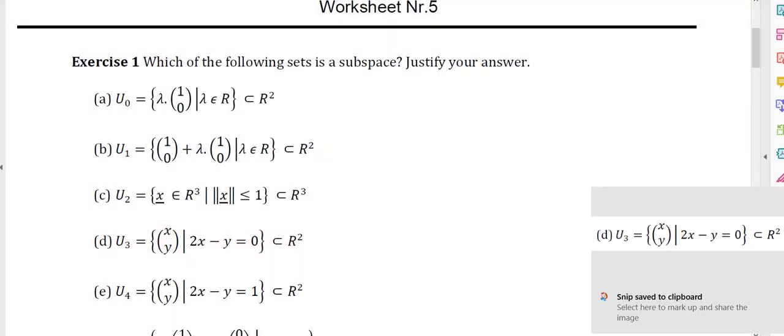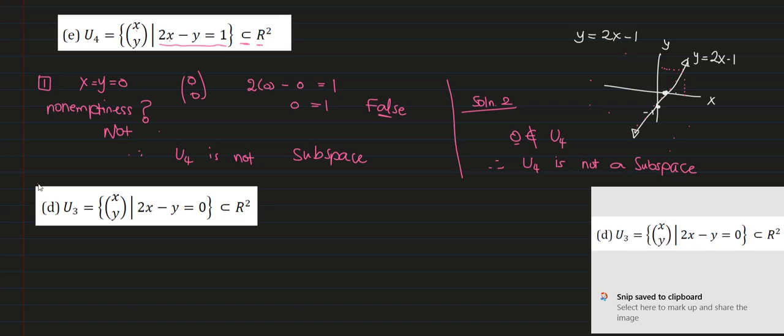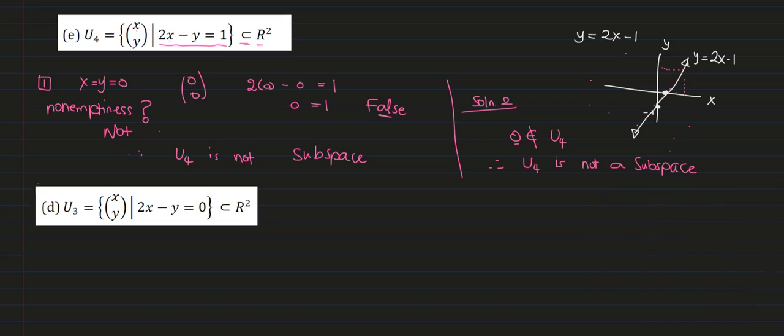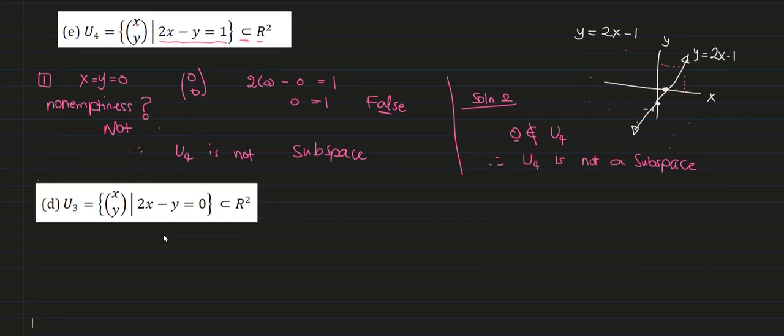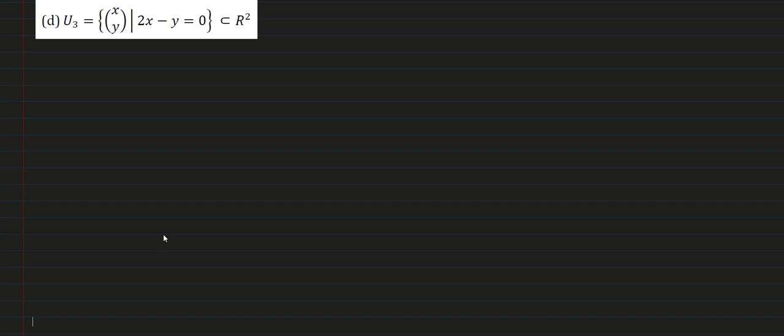I want you now, just by looking at that exercise, to tell me whether it's a subspace or not. Now you are able to do it. You will tell me, yeah, it includes the zero. The zero vector is there because it seems that we have here x and y equal to 0.